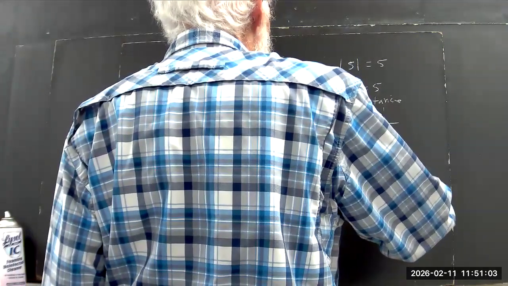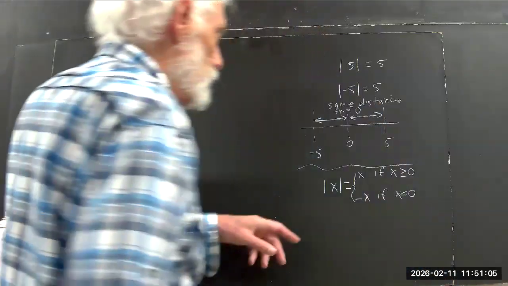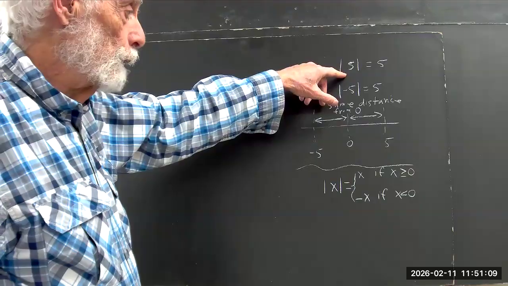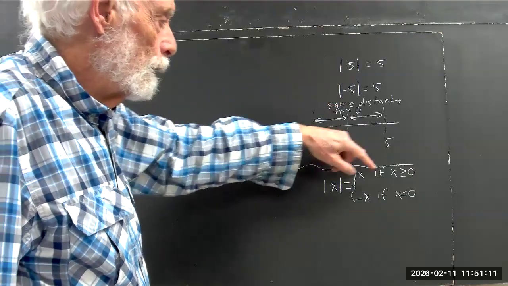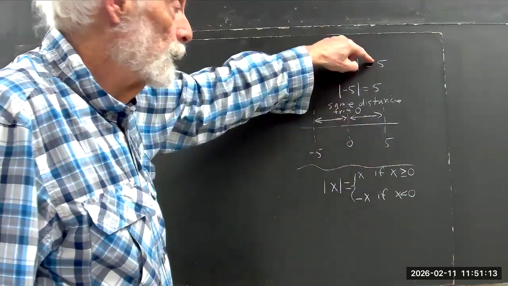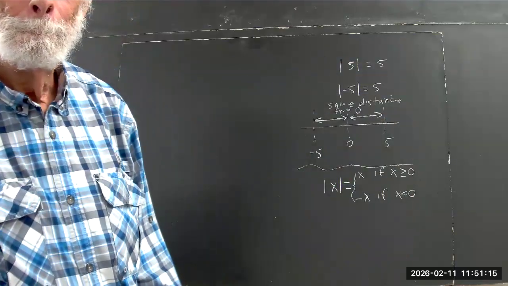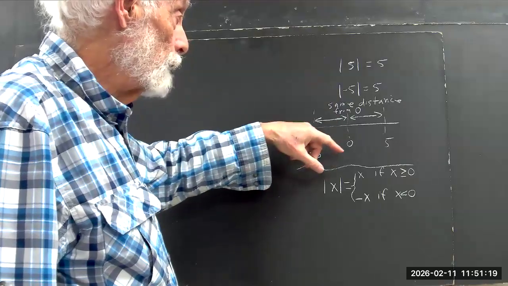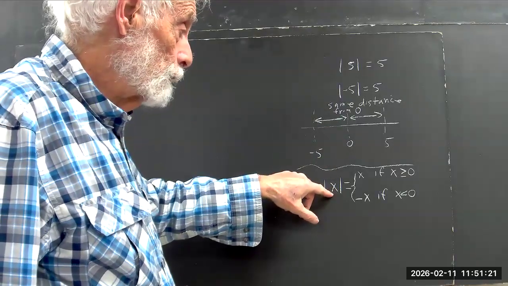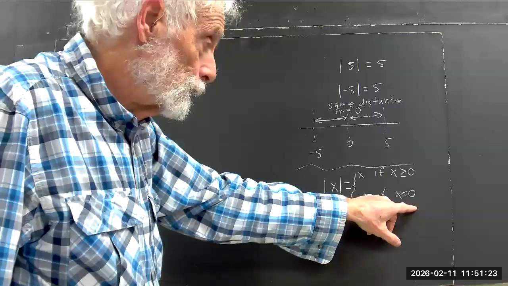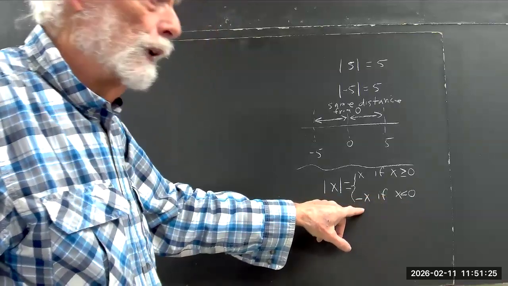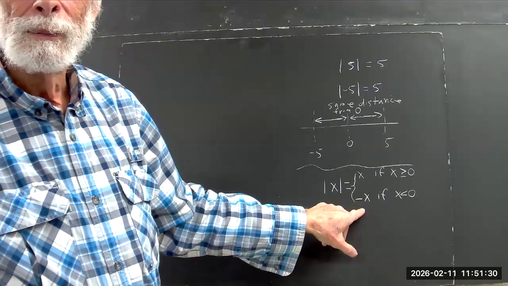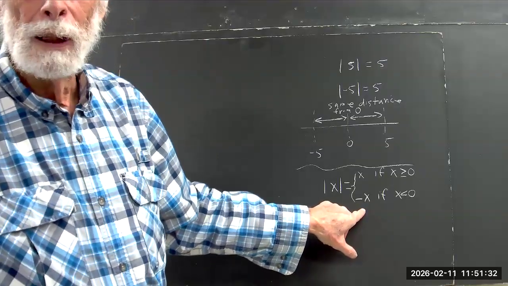So there are two possible ways you calculate the absolute value of x. For example, the absolute value of 5, well, 5 is greater than or equal to 0, so you're going to get 5, right? The absolute value of negative 5, well, x is less than 0, so the absolute value is going to be negative x. What's the negative of negative 5? Well, two negatives make a positive, right?